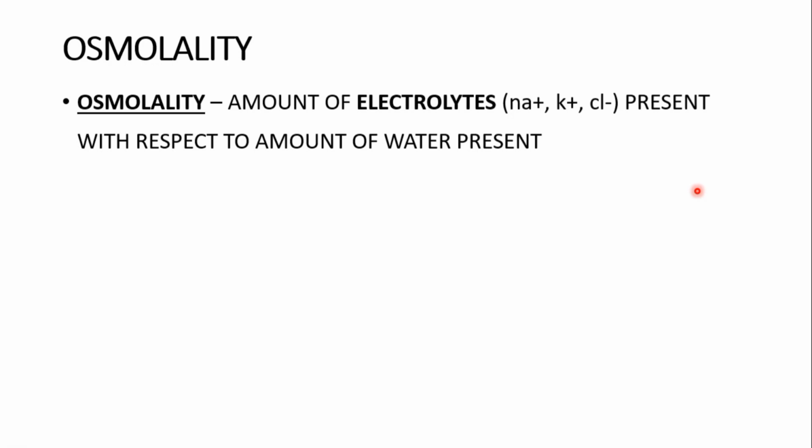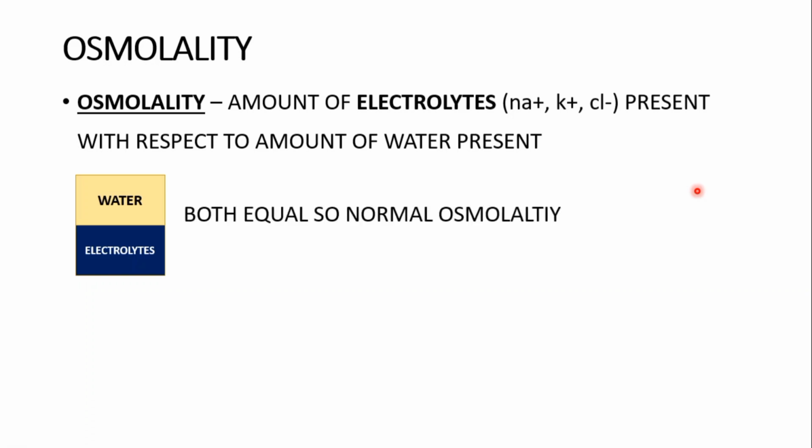Now let's see. Just for example, take a compartment in the body and you have a normal amount of water and a normal amount of electrolytes. So it is normal osmolality. But when you take another compartment and you see there is less water in that, automatically there would be more electrolytes. Just because the water is less, the electrolytes would look more.